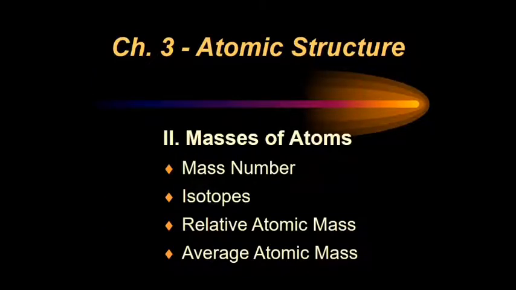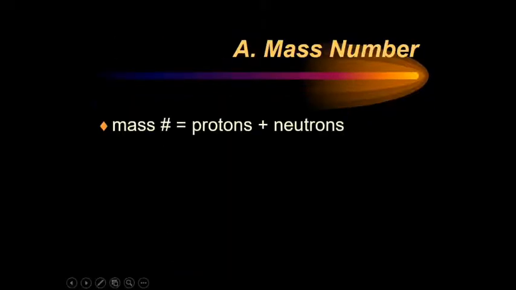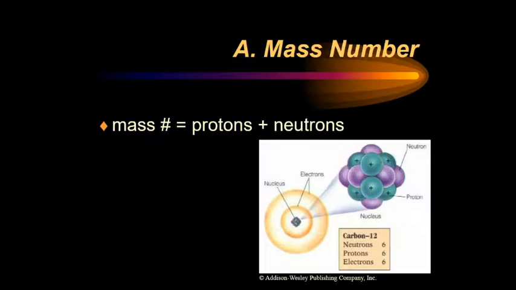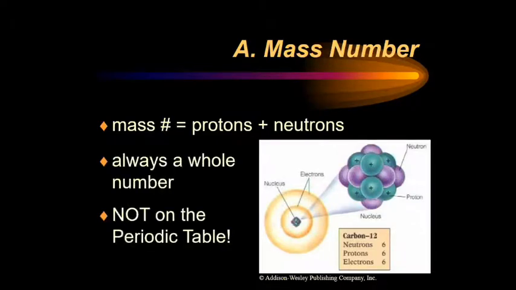So here we are moving on. We're still in Chapter 3, Section 3. We're going to concentrate on the masses of atoms now. The mass number is equal to protons plus neutrons. This is always a whole number, and it is not on your periodic table.